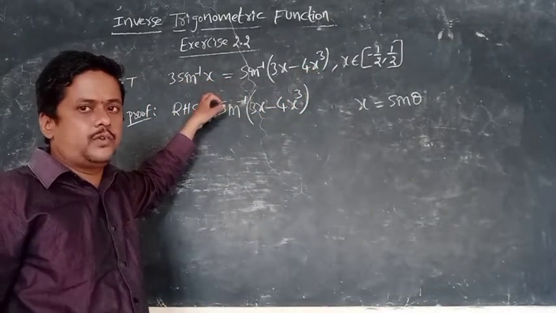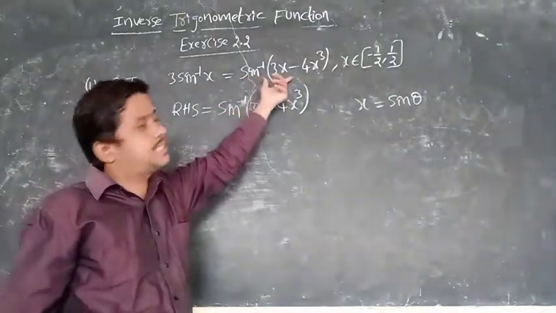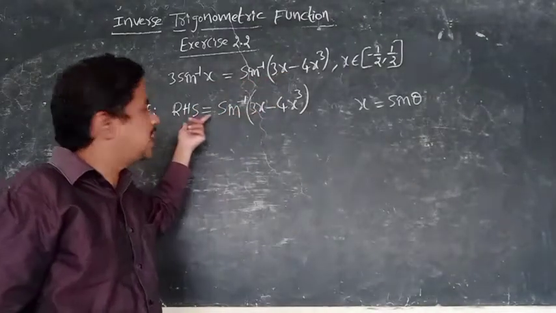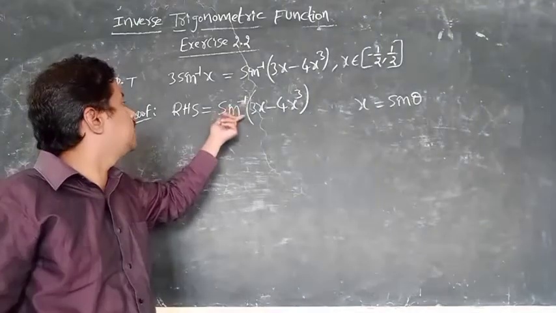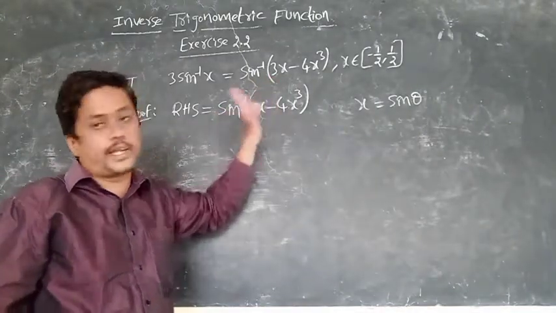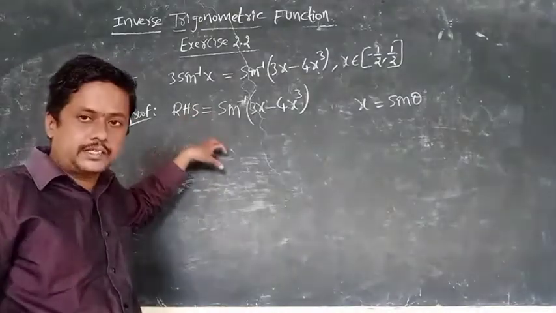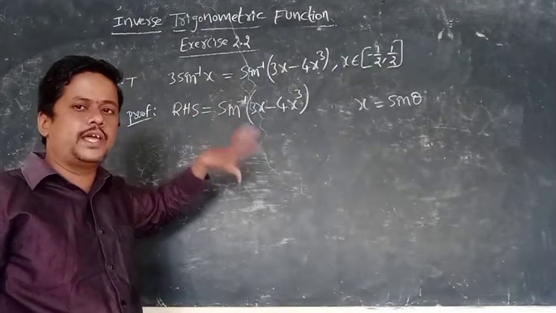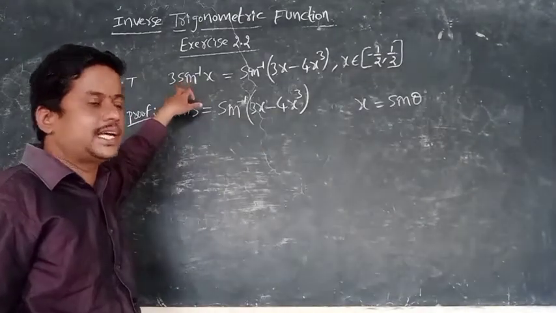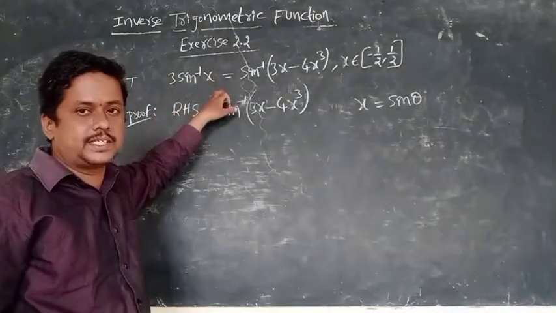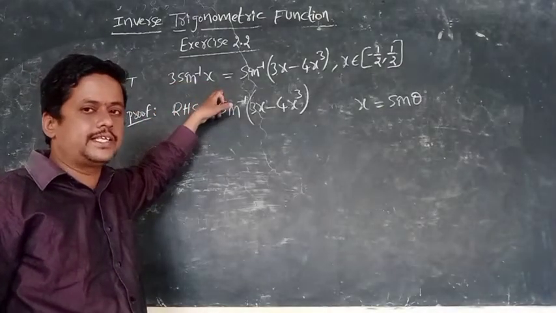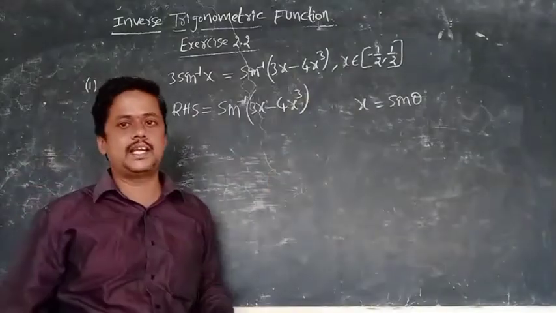If you observe this, the RHS is more complex, so I have to consider the RHS. RHS is sin inverse of (3x minus 4x cubed). We consider the RHS and prove the LHS. The LHS is 3 sin inverse x, so sin is related.